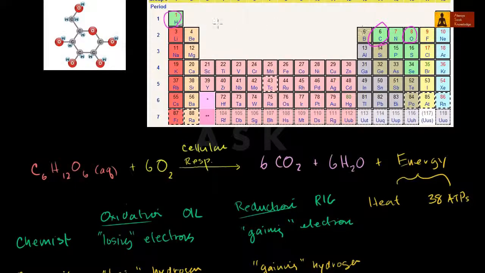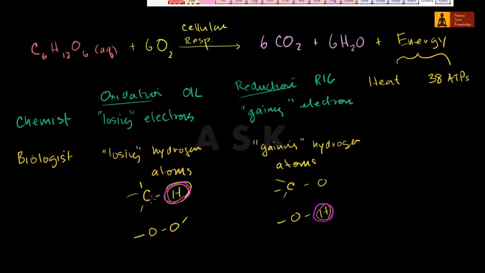When any of these atoms bond with hydrogen, they're going to hog the electron. So here, carbon hogs the electron, while here, carbon gets its electrons hogged by oxygen. So by losing the hydrogen, the carbon actually lost its opportunity to hog electrons.